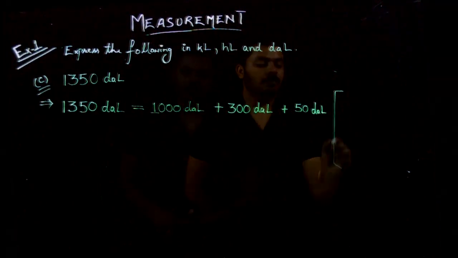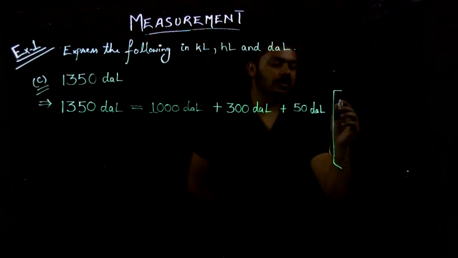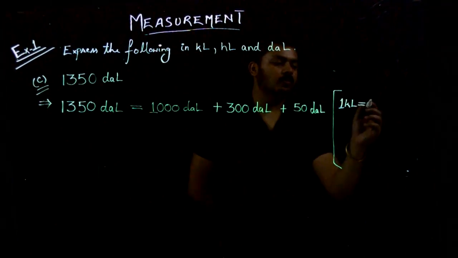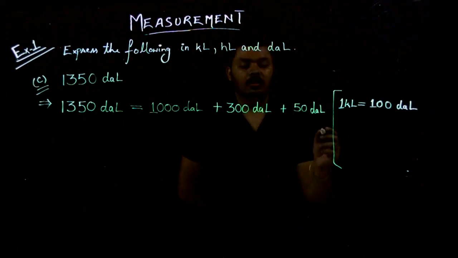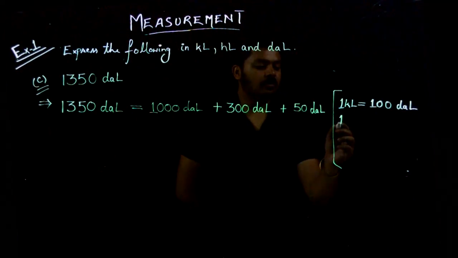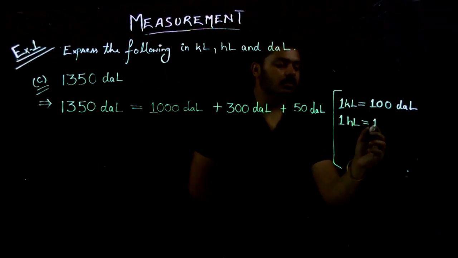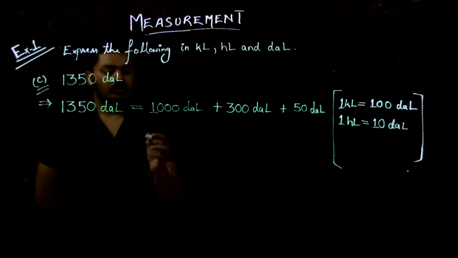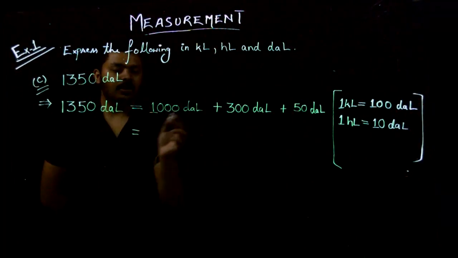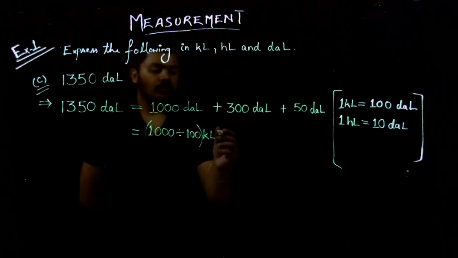We know that 1 kiloliter is equal to 100 decaliters and 1 hectoliter is equal to 10 decaliters. So to convert 1000 decaliters into kiloliters, divide by 100.